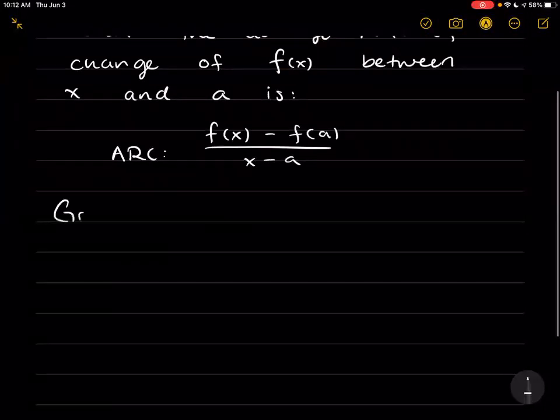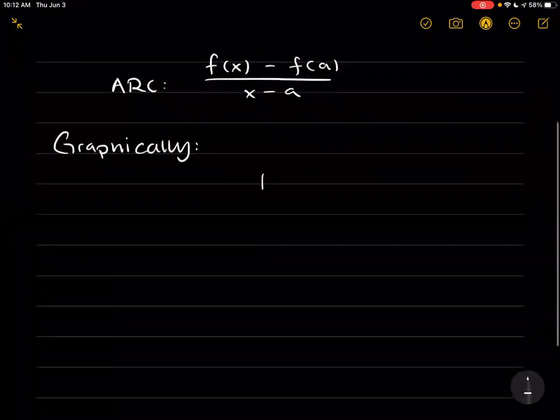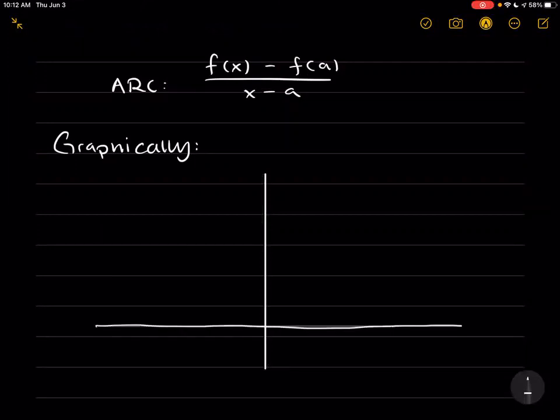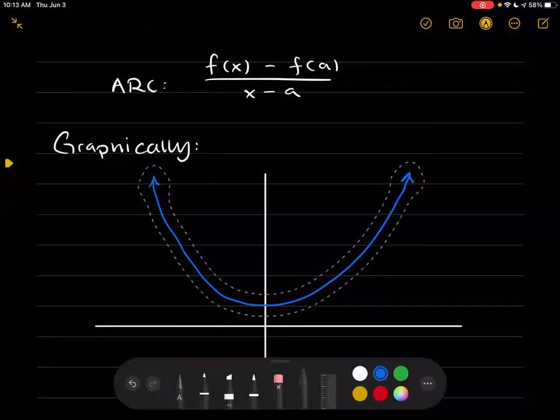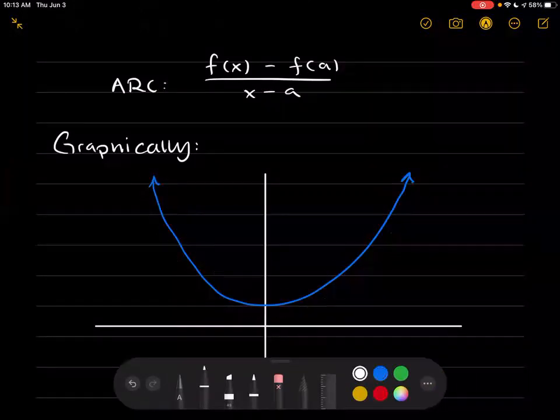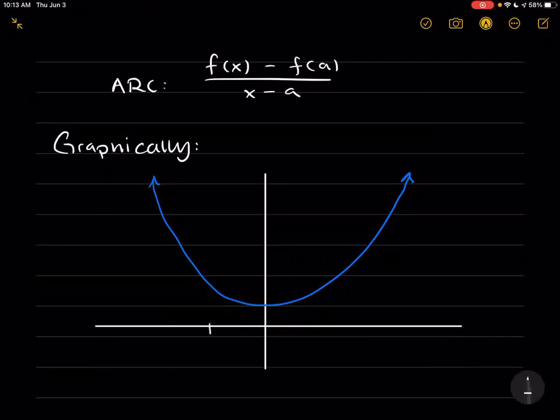So graphically, if we're to look at a graph of maybe like a parabola, maybe something like this. I'm actually going to make this a nice color. Okay. Let's say that our x was here, for example, and our a was here.